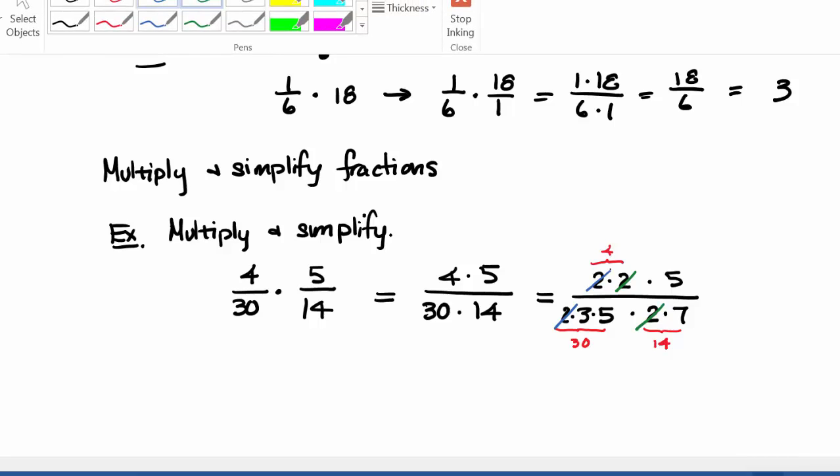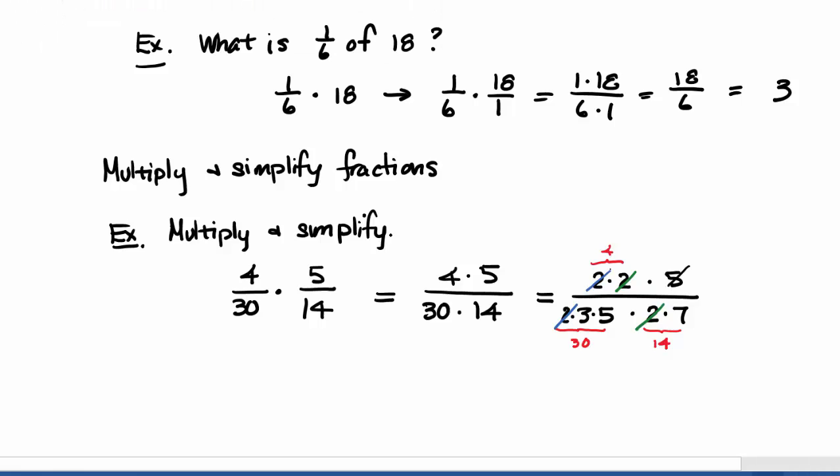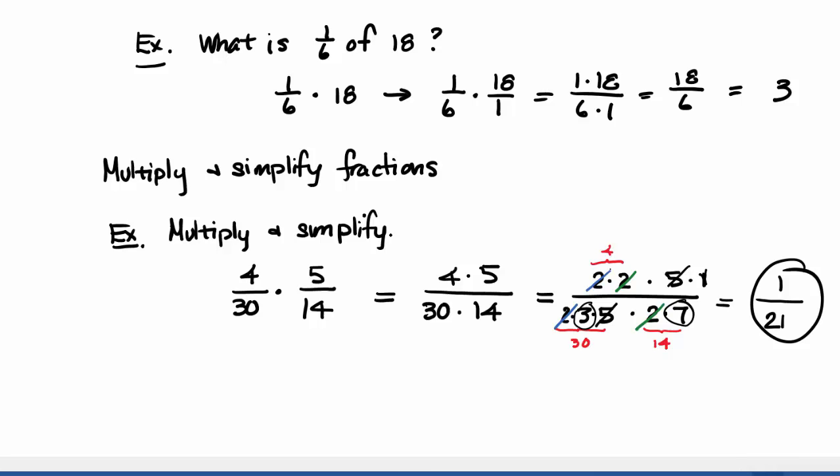And then I have a 5 and a 5. So what do I have left in the numerator? Now remember, even though I don't have anything up here, it's still all multiplied by 1. So I still have a 1 here. Don't lose that 1. And then I'm left with a 3 times a 7, which gives me 21. So that's the simplified fraction after I multiply everything out.